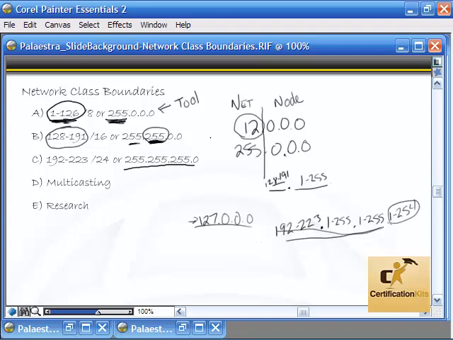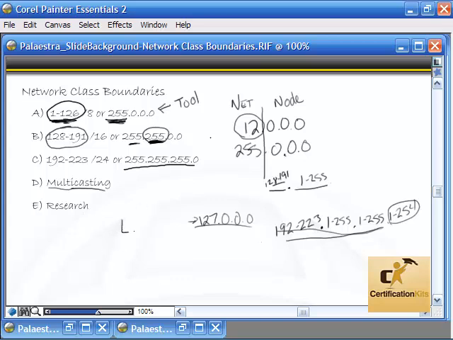The last two, 224 through 239, are for multicasting. A multicast is a type of broadcast, though it's not necessarily broadcast. Broadcast goes to everybody. A multicast goes to a group of nodes that are listening for messages on a particular multicast address.